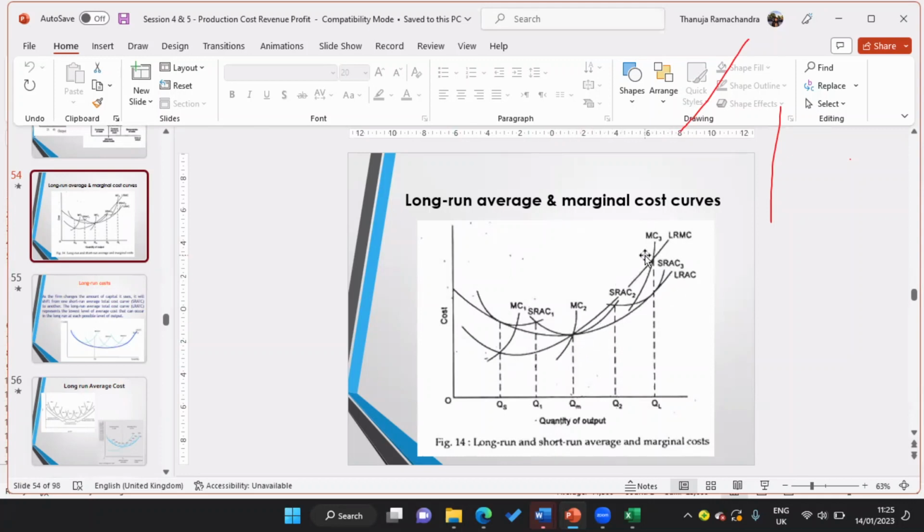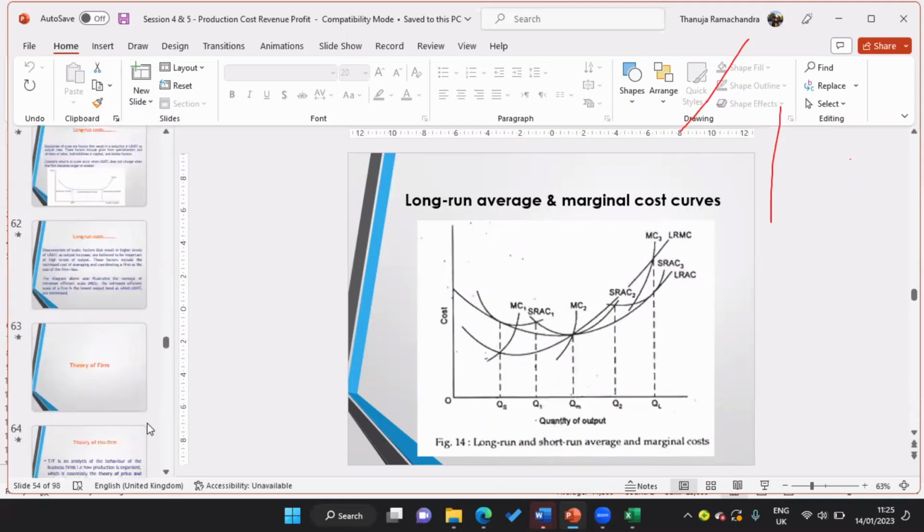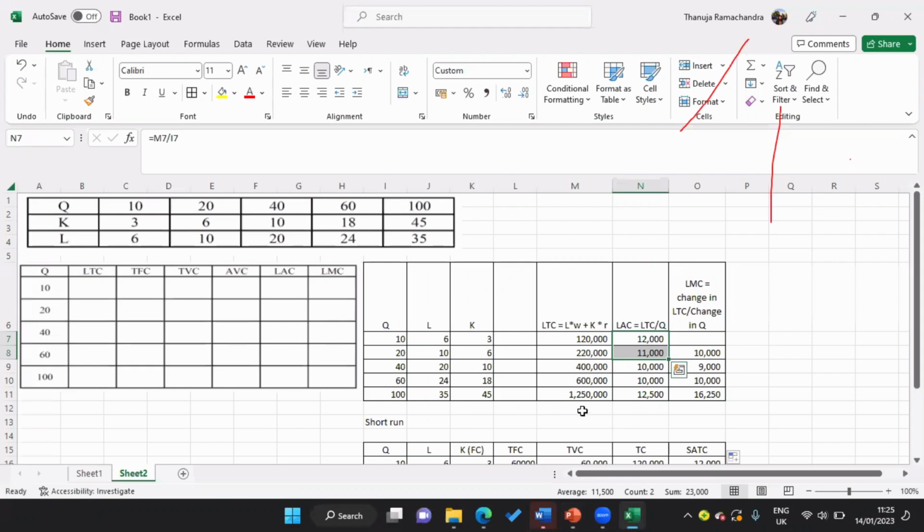And in the Excel, at output level 60, you can see the long run average cost and the long run marginal cost are the same. Okay, right. So that is the question.